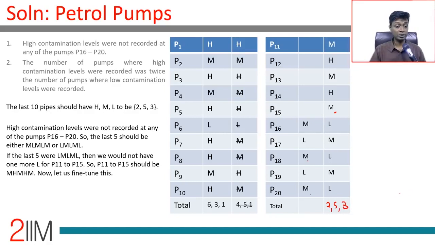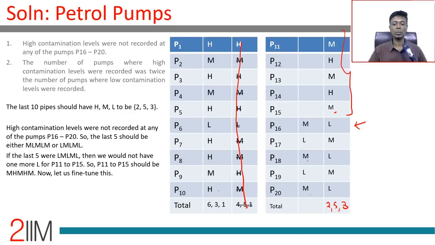That's the only possibility there. Fine. So here we have already eliminated this. Here LM, LML, that means all 3 L's get accommodated. So in this 5, there should be no L at all. It has to alternate MH, MH, M. So we're done with that.